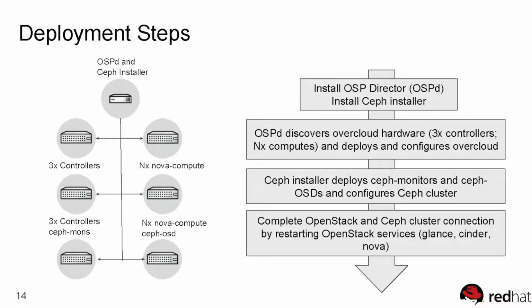And then finally, you make the connection between the Ceph cluster and OpenStack. Basically, you configure OpenStack to use Ceph as the backend for Glance, Cinder, and Nova, for everything. So that's at a high level what happens, and you get your hyperconverged deployment.